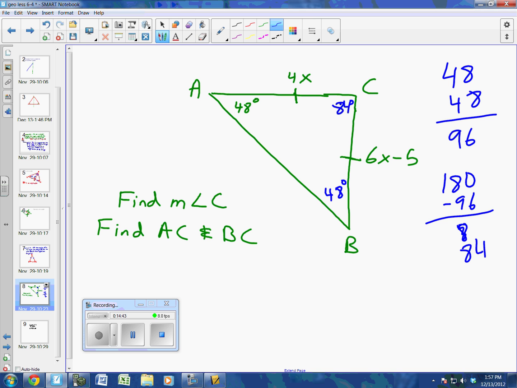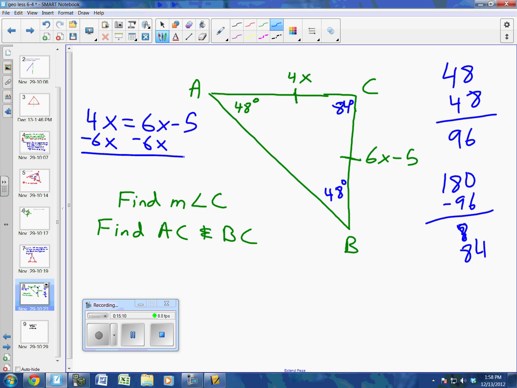Also find AC and BC. How can we find AC? AC is this segment. BC is this one. How can I find them? No, those are angles right there. We're looking for sides now. Yeah, we know these two sides are congruent. We can make an equation. 4x equals 6x minus 5. Subtract 6x from both sides.